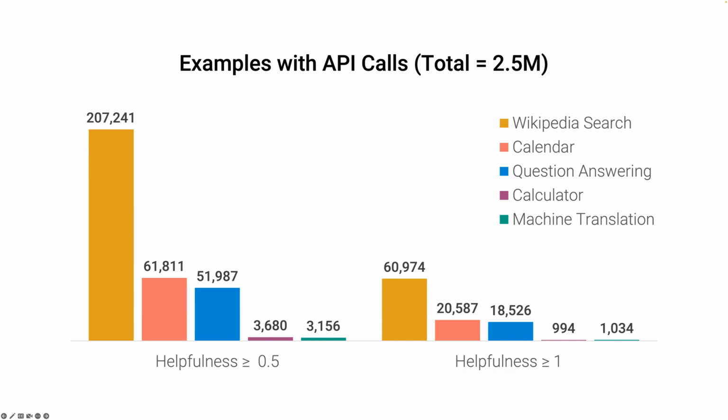Because just from manually inspecting a few examples, we found that for wiki search, calendar and question answering, there is way more noise in those helpful examples if you set a threshold of 0.5 compared to calculator and machine translation. So this is something that we didn't run any ablations on. We just decided based on looking at a few examples and looking at those two plots to use a helpfulness score of 0.5 for calculator and MT and a threshold of 1 for the other three tools.